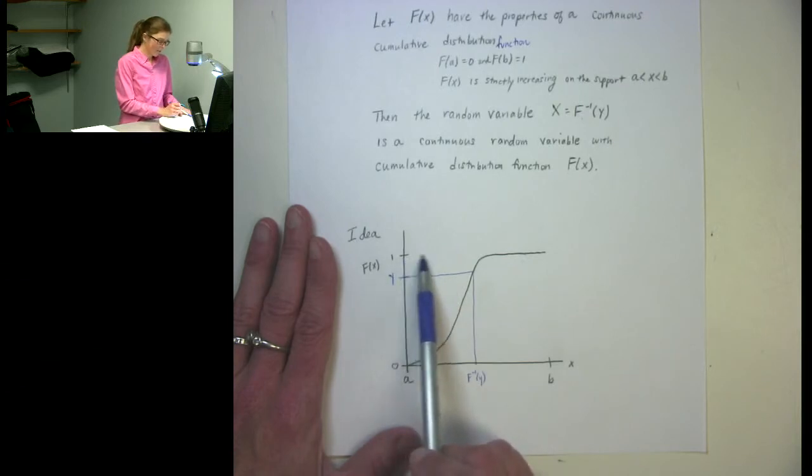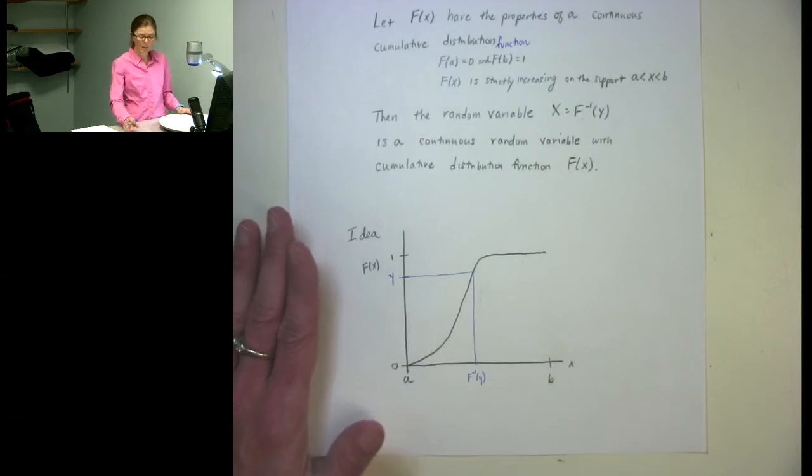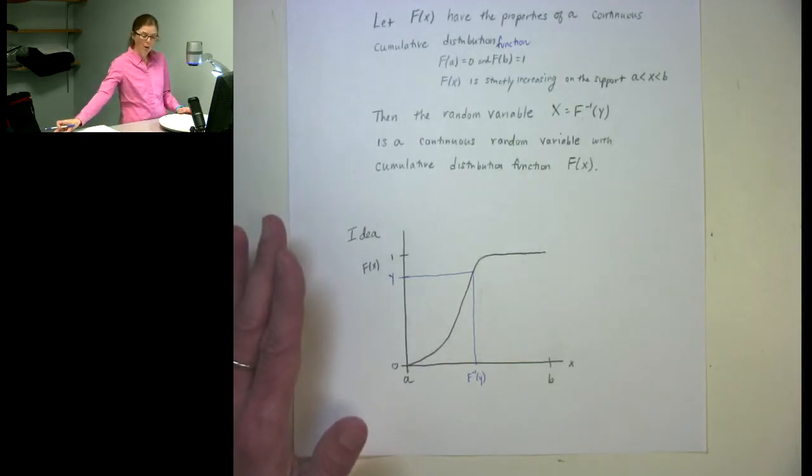There are not very many values along this uniform distribution that are going to map to it.